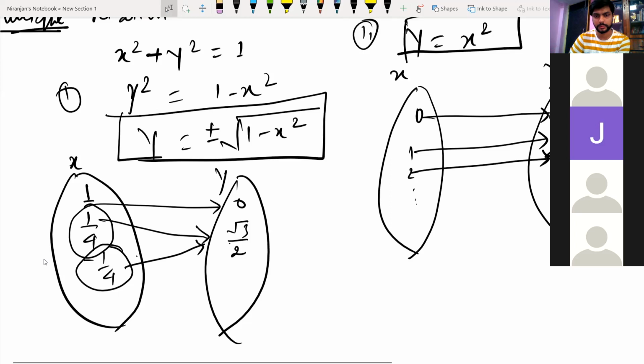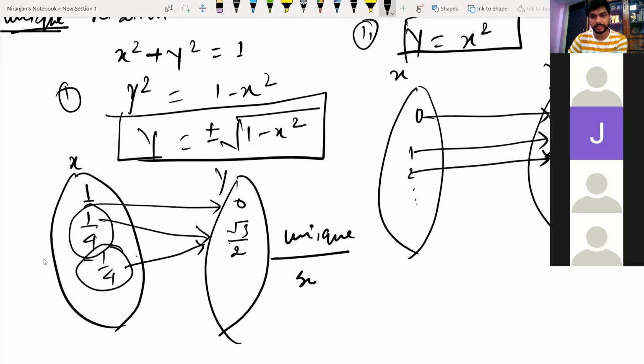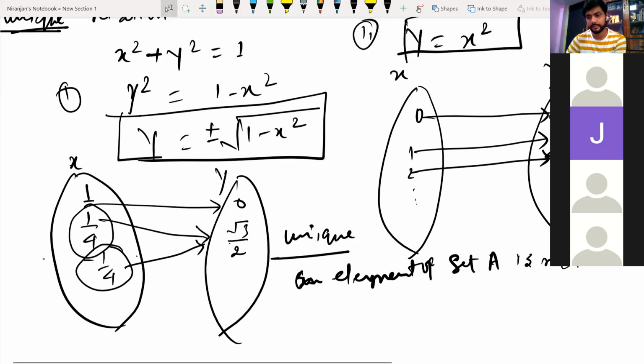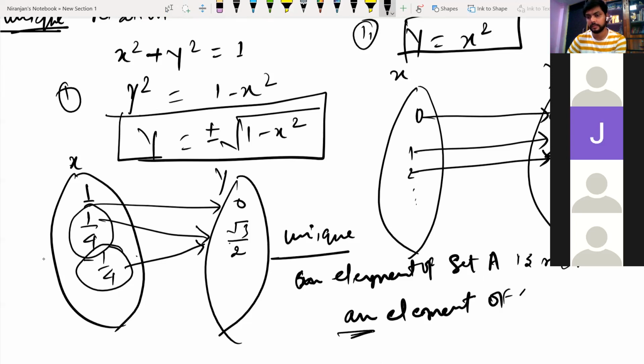So unique means that an element of set A is related to an element of set B, and I'm not saying multiple. So if this is happening, then you can say that the relation is a function. Otherwise, you can't say that.